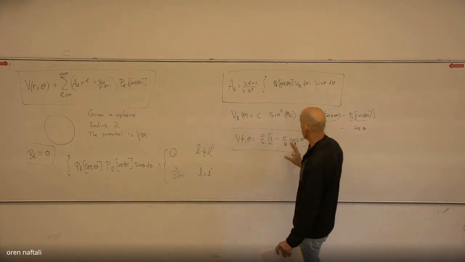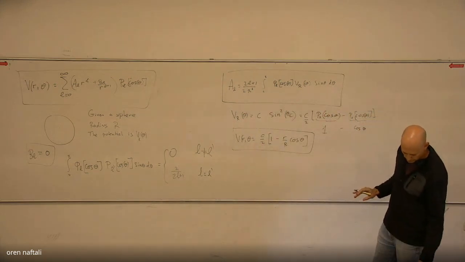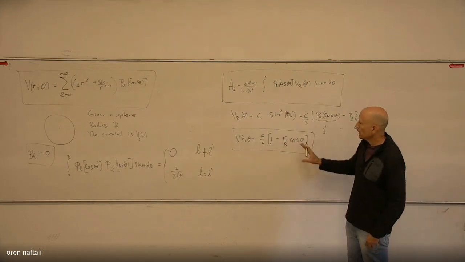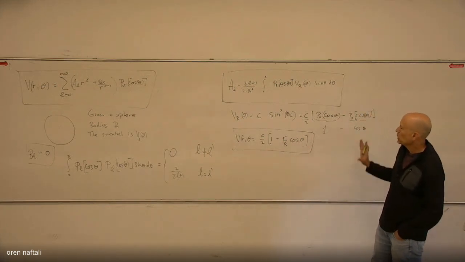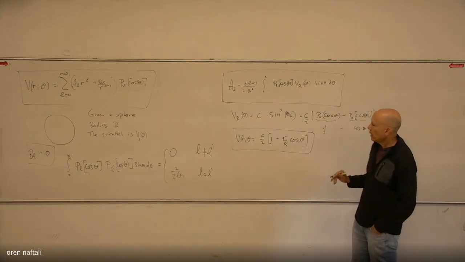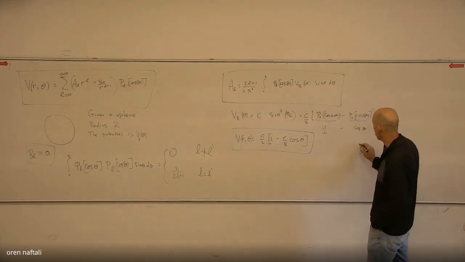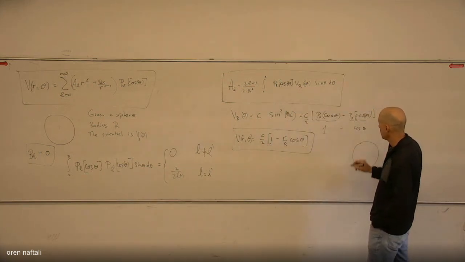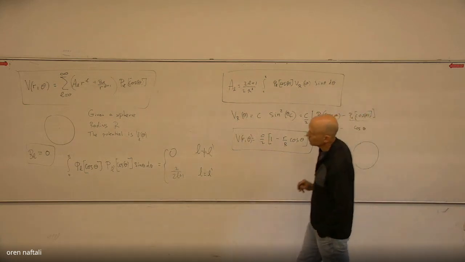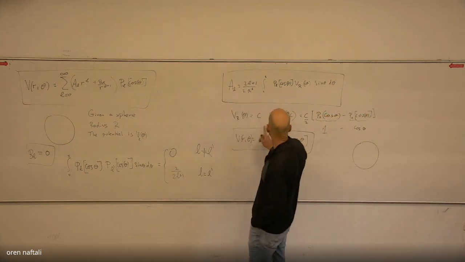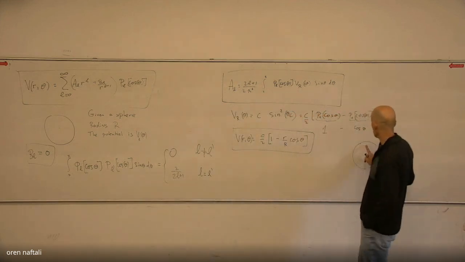Now, this solution might be intuitive or not intuitive. This is up to you to decide. But first of all, we can check. What can we check easily? We have this potential, and this potential has this strange shape, sine squared theta over 2.